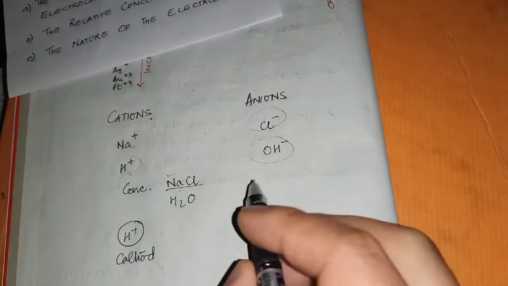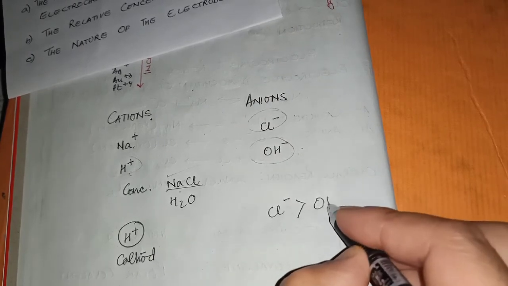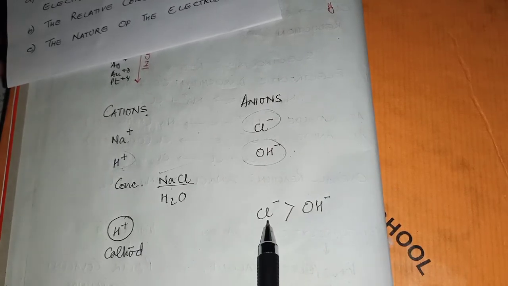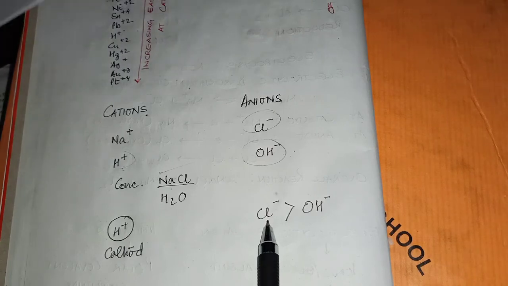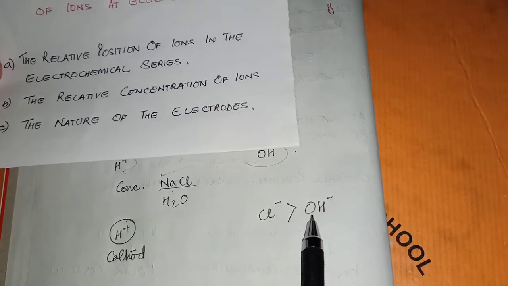But in the solution, among the anions, chloride and hydroxide ions, chloride ions will be more compared to hydroxide ions. That means the concentration of chloride ion is more compared to hydroxide ion, and both are anions.